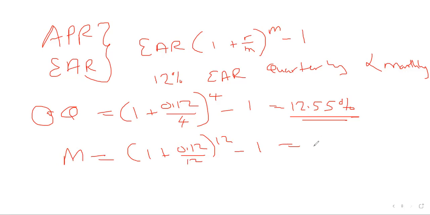This one will give us 12.68%. So you see, the more you compound, the higher the actual interest that is earned on an investment. So these interest rates are very important to understand. For a course like this, you will specifically be asked to calculate such interest rates. The rest that follows will simply be a matter of applying a formula.